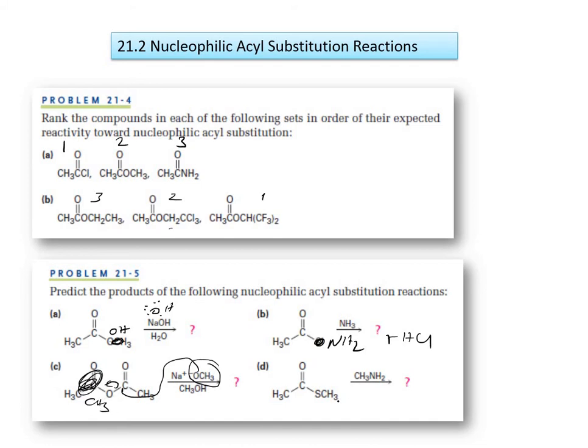We get an ester. And the last one, we have here an amine. Nitrogens are nucleophilic. It attacks here, will kick this one out. So let's say this one NHCH3. We don't say NH2 because the nitrogen will be positively charged, so we don't get positively charged amides. So this is an amide.